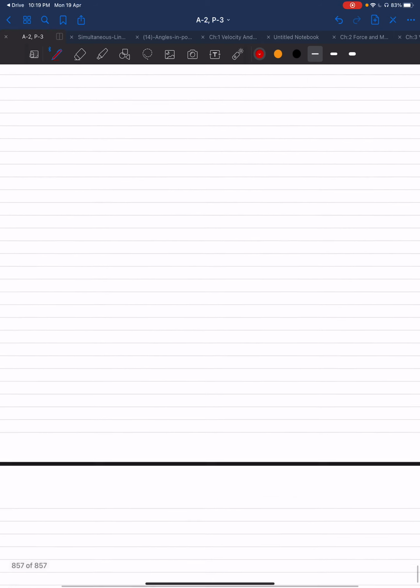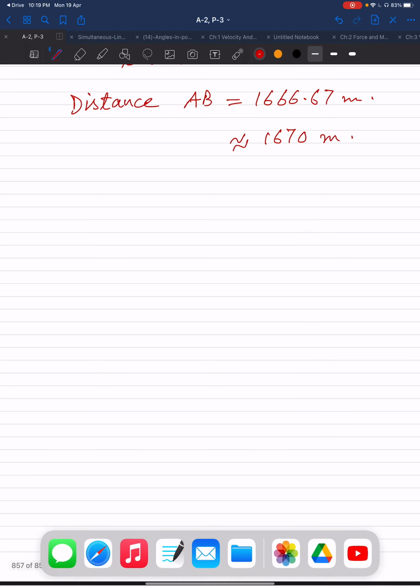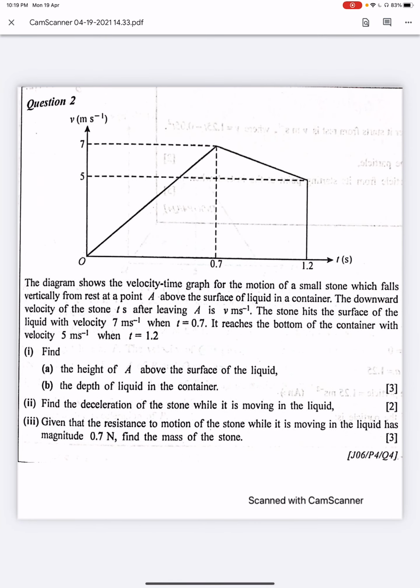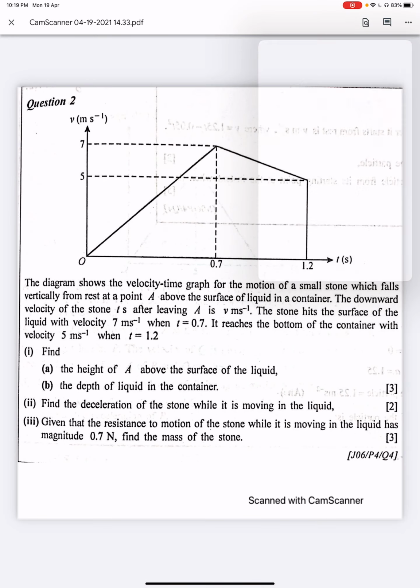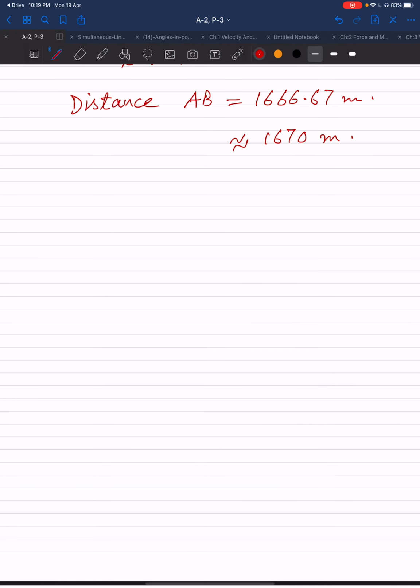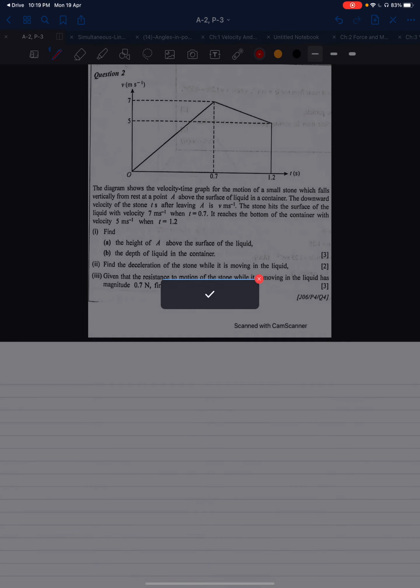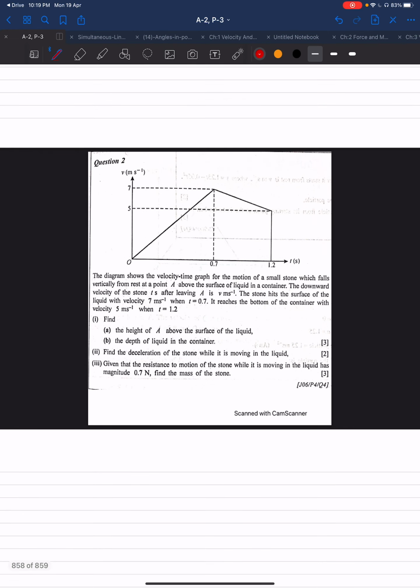Question number 2. Let me download it again. Okay, so we'll take the image.